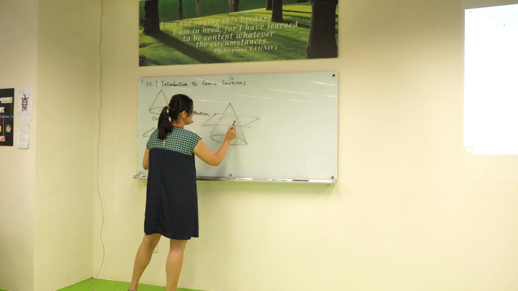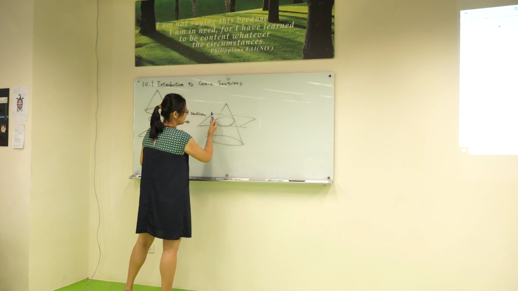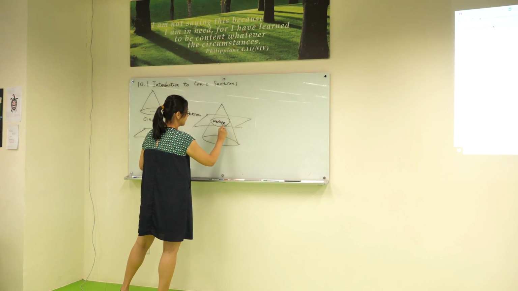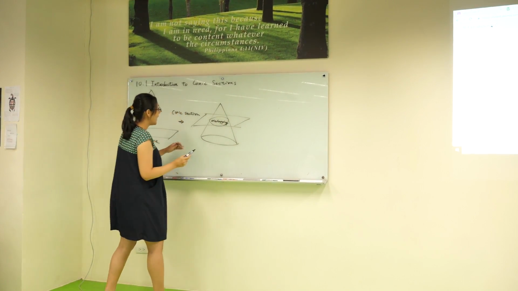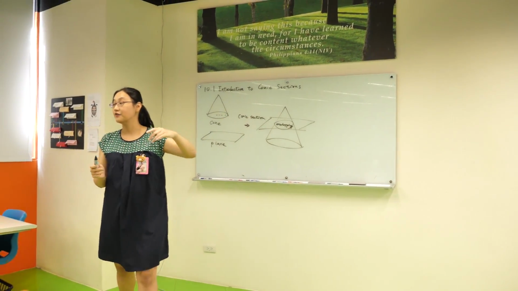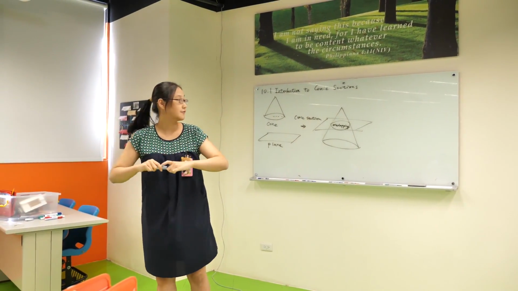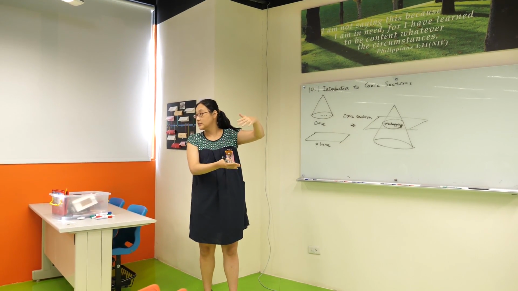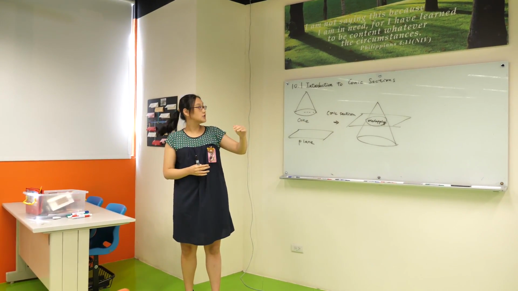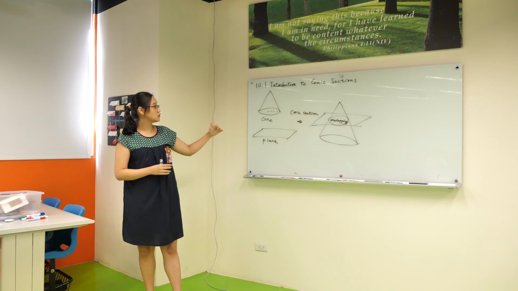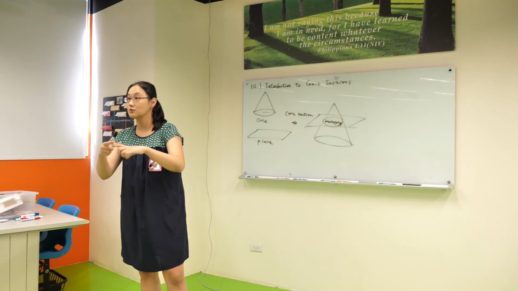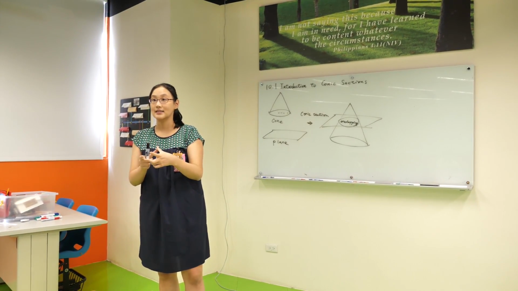The intersection is the overlapping area. The plane can be parallel to the base, or it can be slanted. By different kinds of intersection, we will form different kinds of conic sections. So that's what we call a conic section.